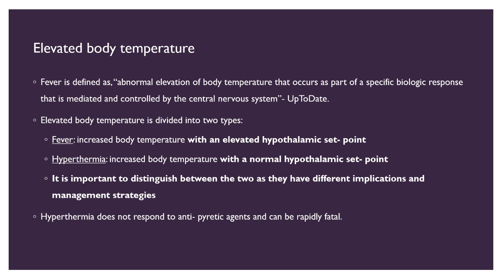Hyperthermia is when the body temperature increases despite there being a normal hypothalamic set point. So in fever, the high body temperature follows an elevation in the hypothalamic set point, whereas in hyperthermia, the hypothalamic set point stays the same, but the body temperature rises secondary to environmental factors.